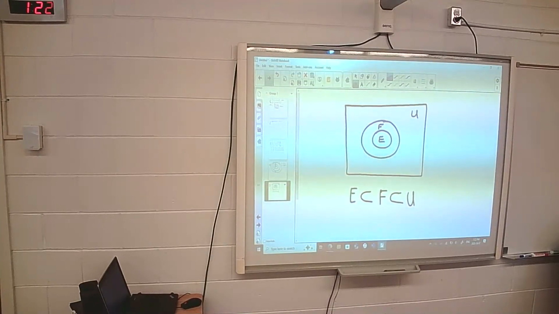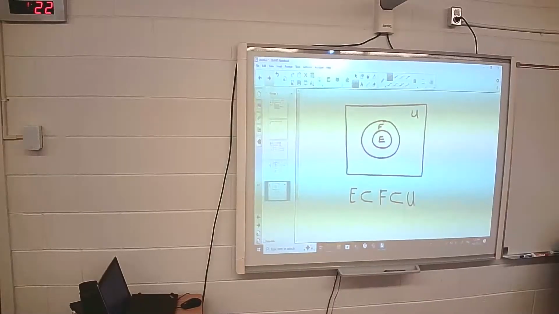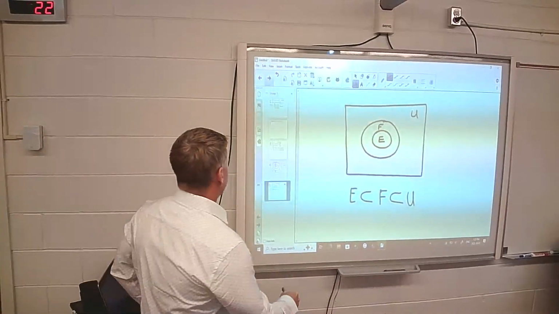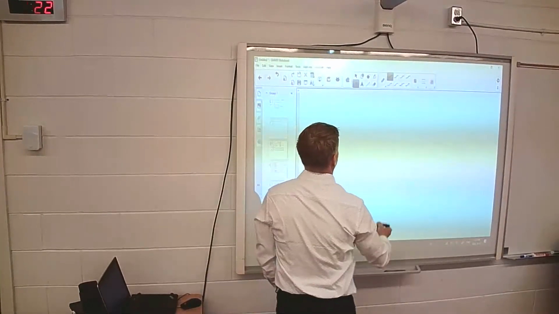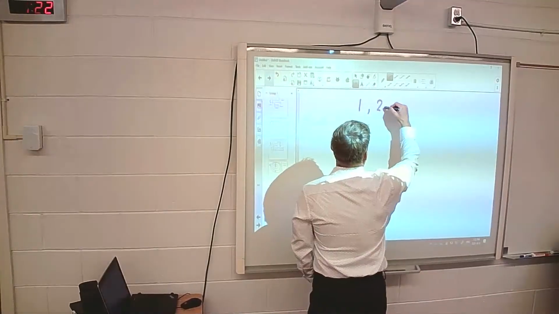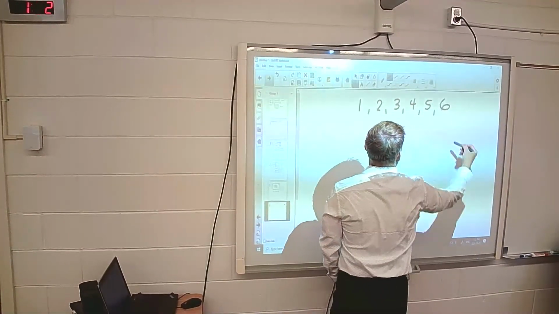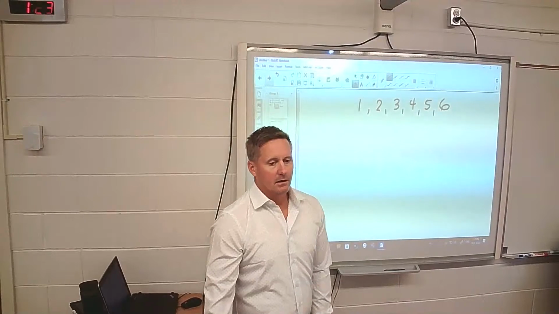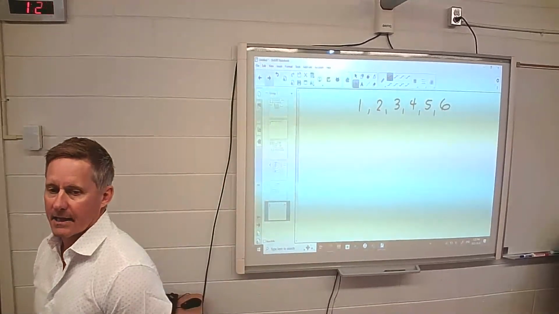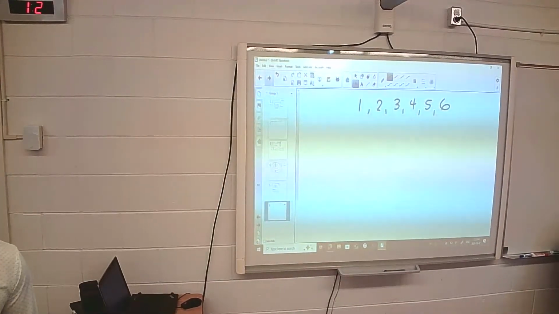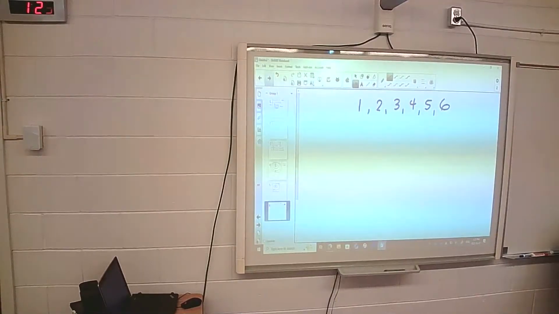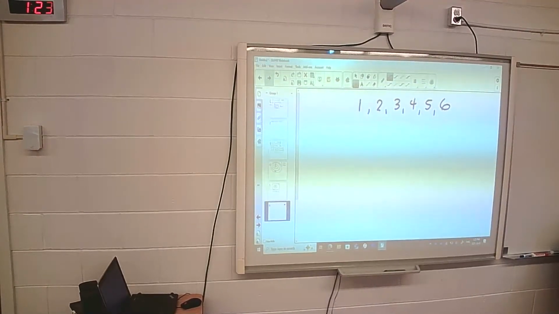Okay? So looking at the original question I started with, I have a die that has 6 numbers on it, right? Okay. I could say the even numbers from 1 to 6 are a subset of this.